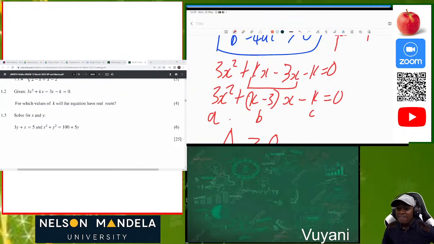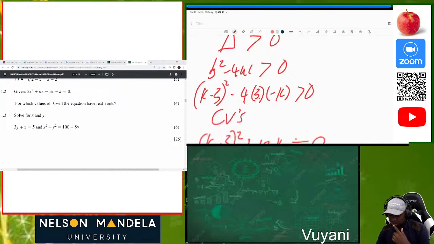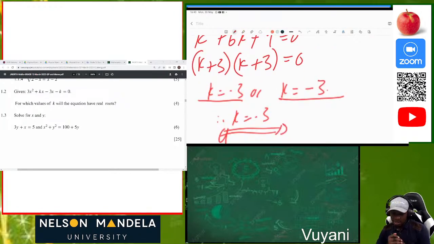How do we calculate the determinant of a quadratic equation? In your mindset, you must have b squared minus 4ac is greater than 0. Then you solve, and you get your k value to be negative 3.